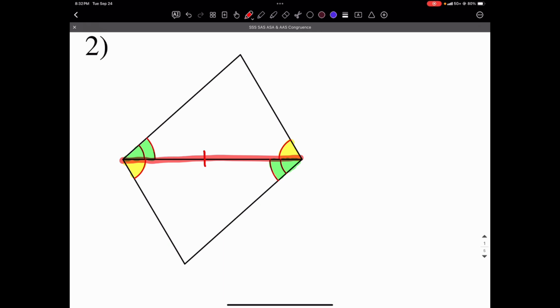So you have angle, side, angle. In order for angle, side, angle to be applicable, you need the side to be in between the two angles.